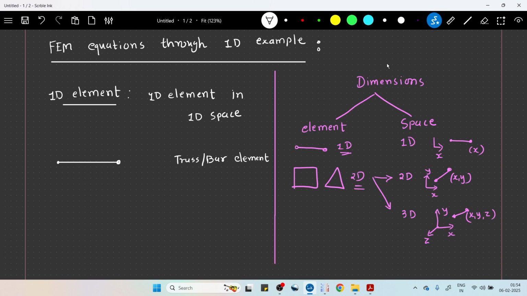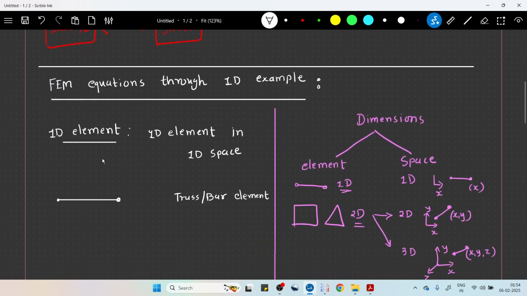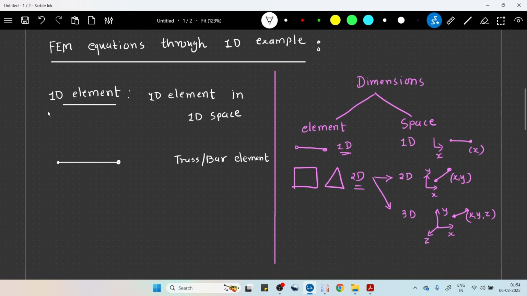Previously we have seen this bar member, this structural member. We can represent that structural member as a truss or bar finite element. What is known for this element?